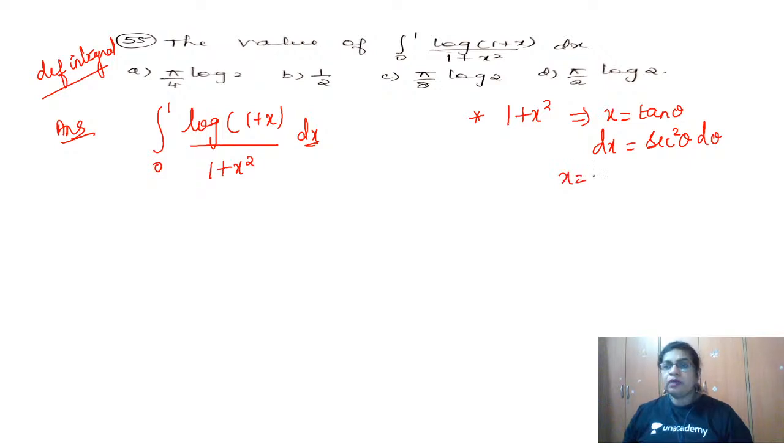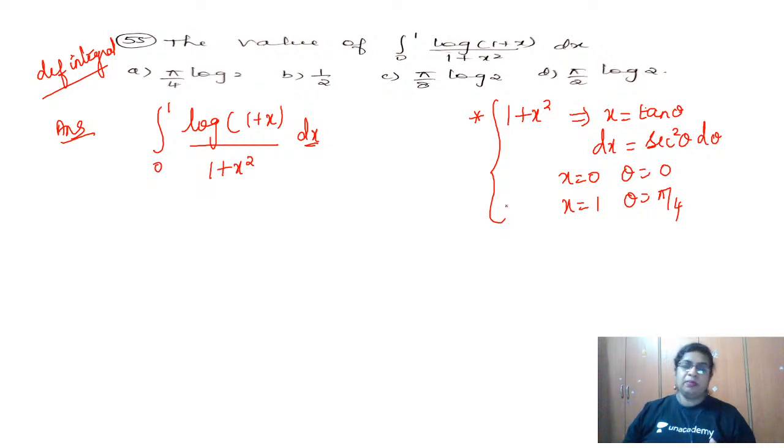When x is equal to 0, theta is tan inverse 0, which is 0. When x is equal to 1, theta is tan inverse of 1, which is pi by 4. Remember, whenever you are taking substitution in a definite integral, please change the limit. Sometimes we forget to change the limit and we get it wrong.